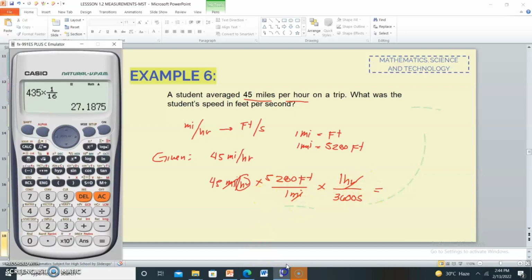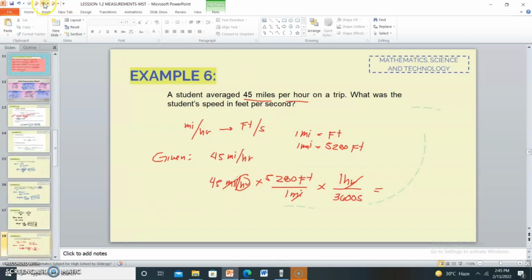Equivalent to 45 times 5,280 over 1 times 1 hour over 3,600 is 66. The answer is 66 feet per second. So that's the final answer.